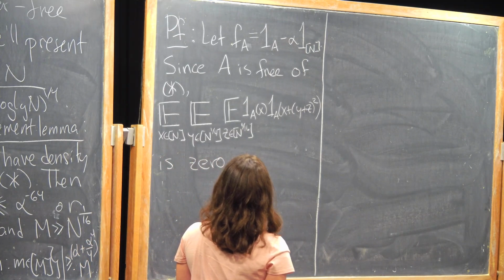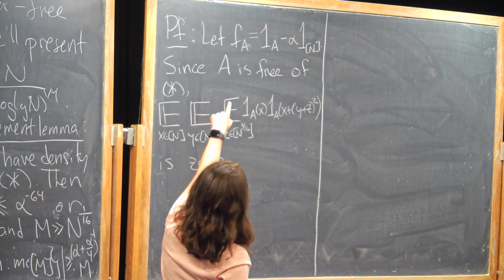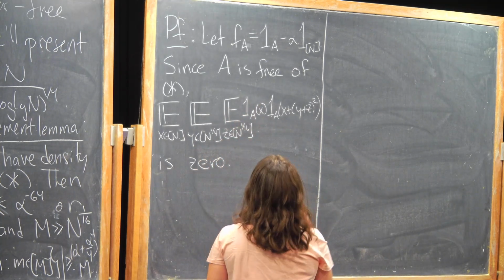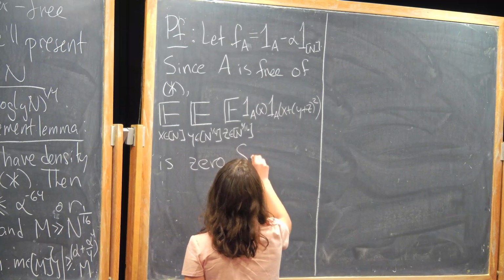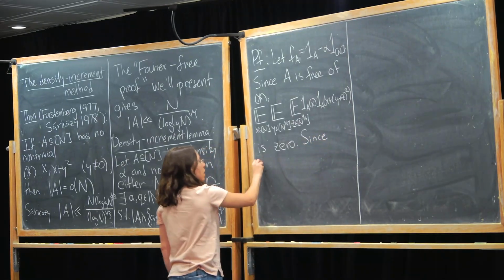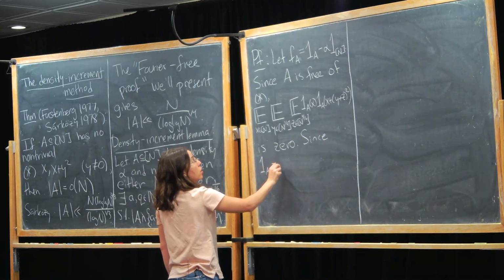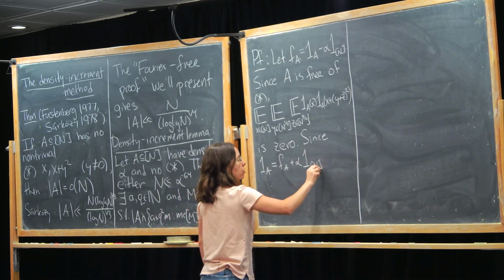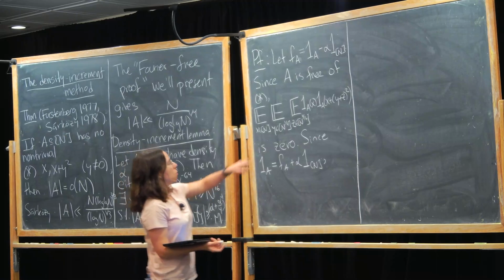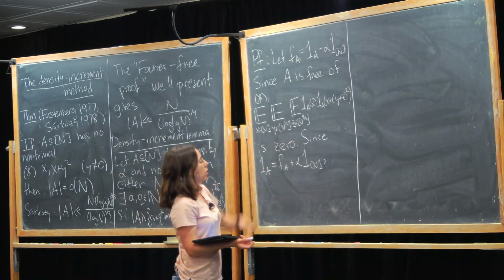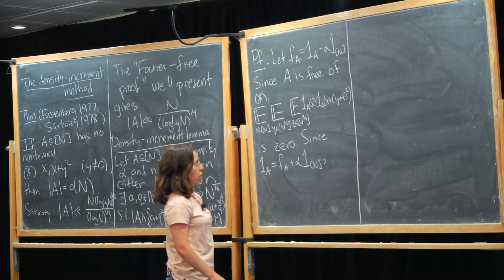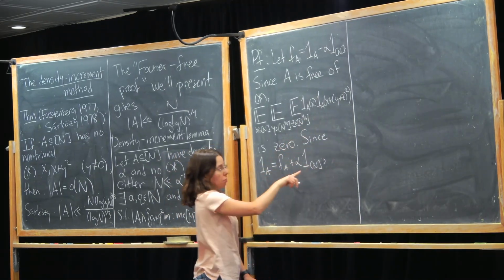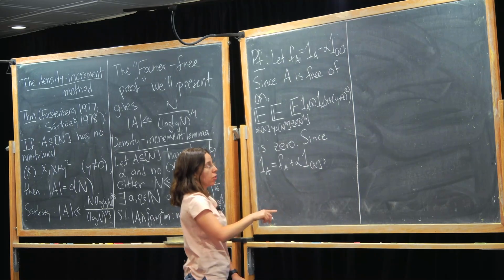All right, so since we've now written the indicator function of A as the sum of its balanced function plus alpha times the indicator function for the first n integers, we can write this average as the sum of two averages, one where the second function is replaced by the balanced function, and the other where the second function is replaced by alpha times the indicator function of the first n integers.